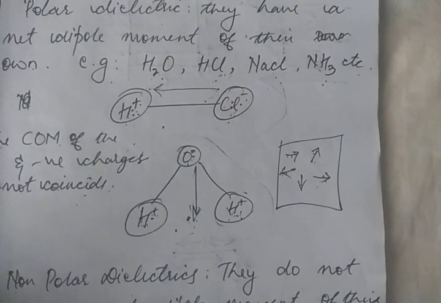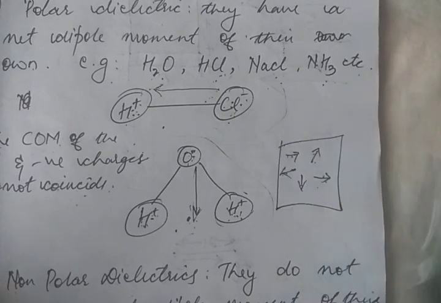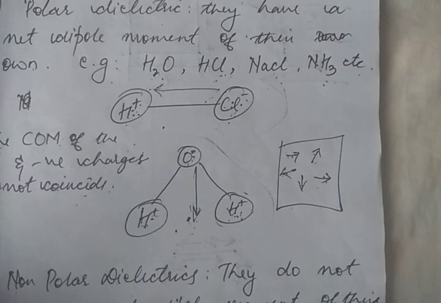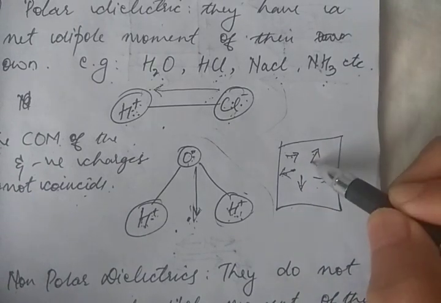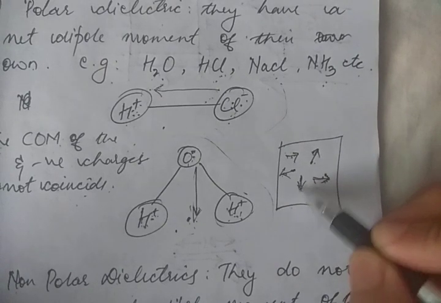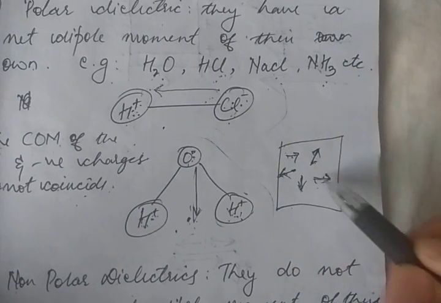Now when we look at water in general, say for example you have water in here, this water is made up of a number of molecules. Each of these molecules constitutes one dipole, giving rise to different dipole moments like this.